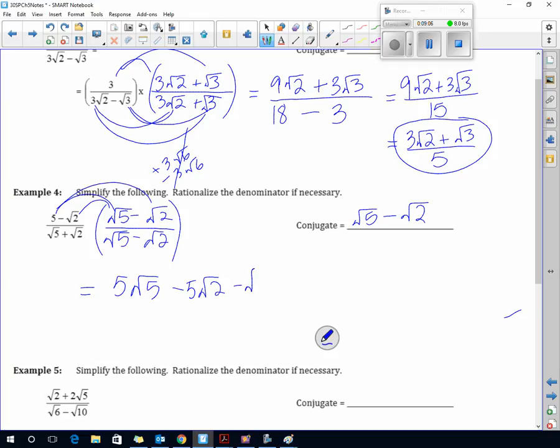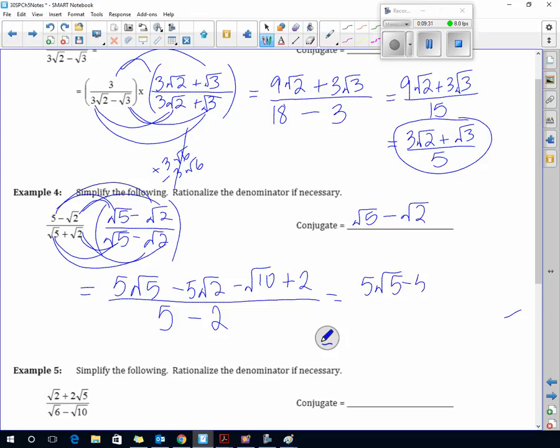Over. First I get 5. The outer and the inner will cancel if I do these right. And last I get minus 2. So my final answer would be 5 root 5 minus 5 root 2, subtract root 10, plus 2 all over 3.